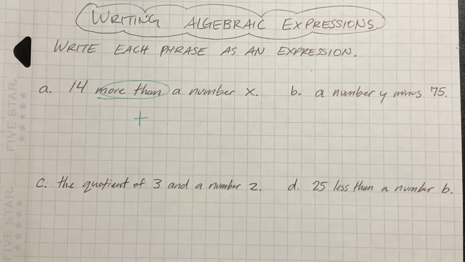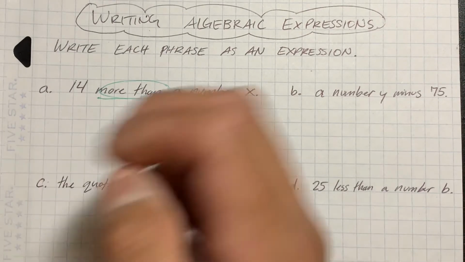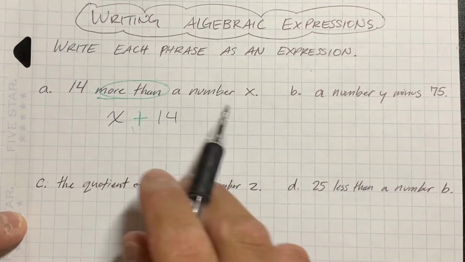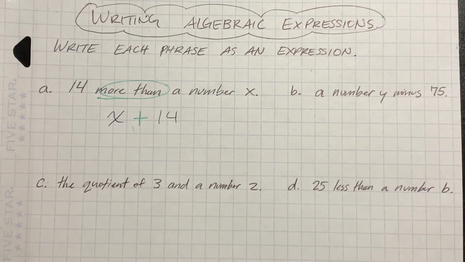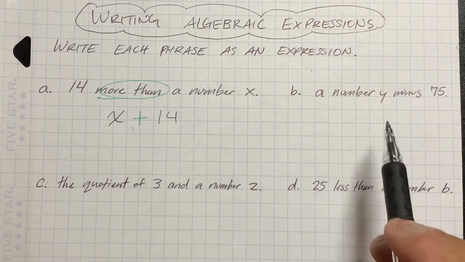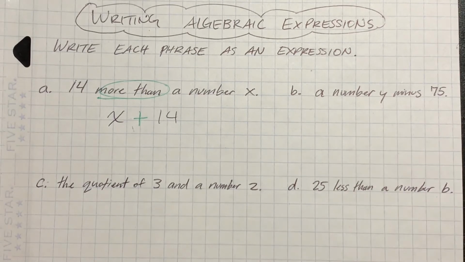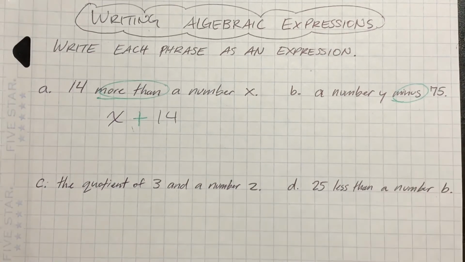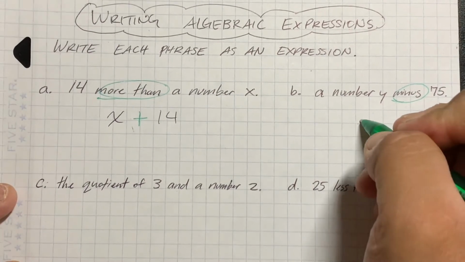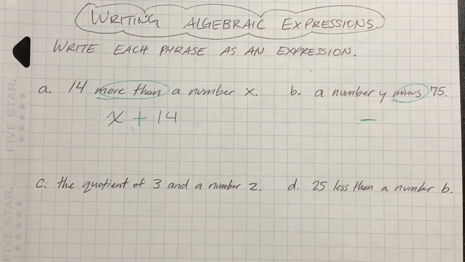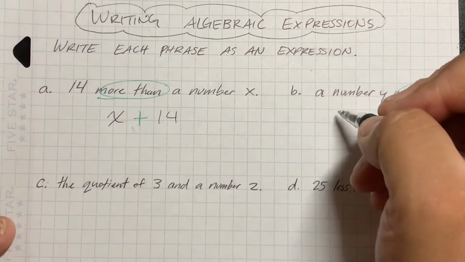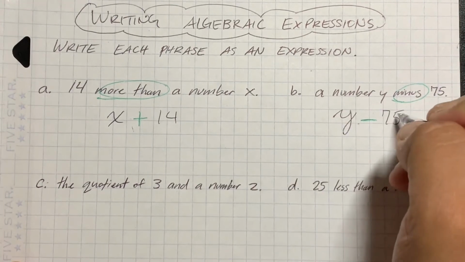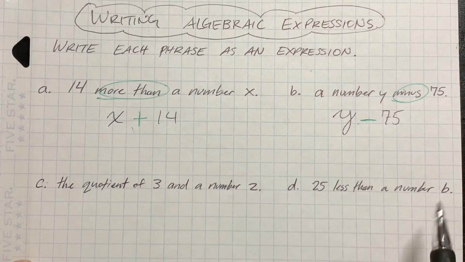So whatever X is, we have 14 more than X. For B, we have a number Y minus 75. The word minus tells us to subtract. So a number Y, whatever Y is, we're going to subtract 75. Again, we are writing algebraic expressions.